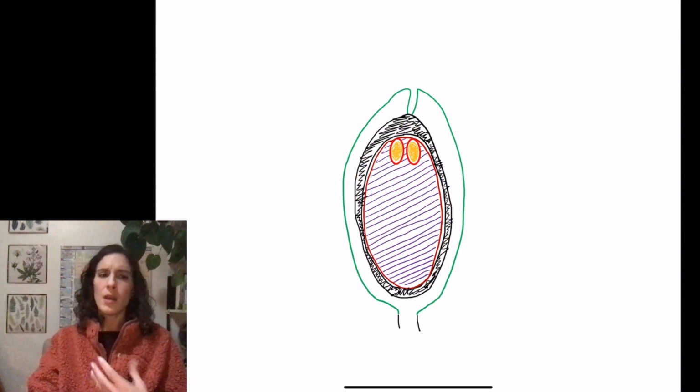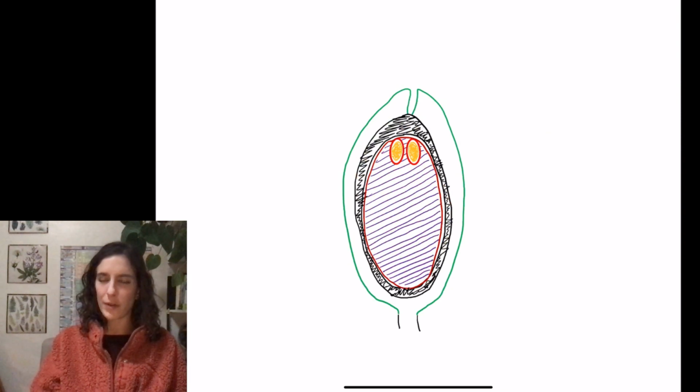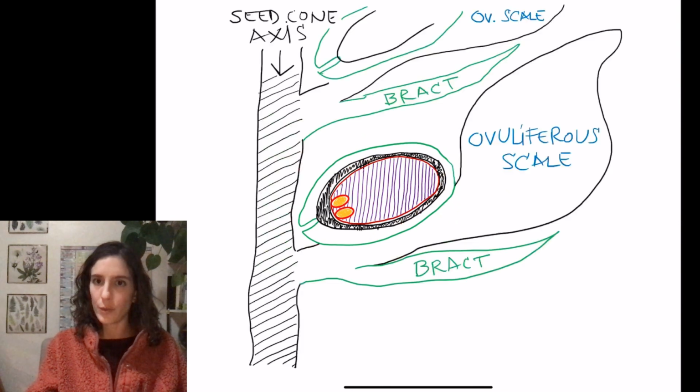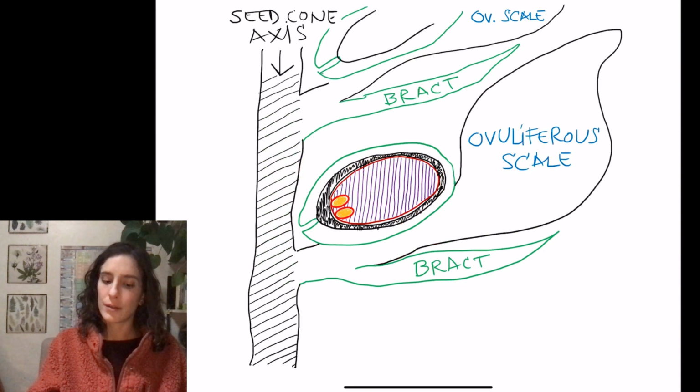Okay, so how does this whole cone connect with the whole ovule story that we were just talking about? We're talking about two very different scales of things here on this video. Well, this is a mature ovule in this picture, and a mature ovule is situated at the base of an ovuliferous scale.